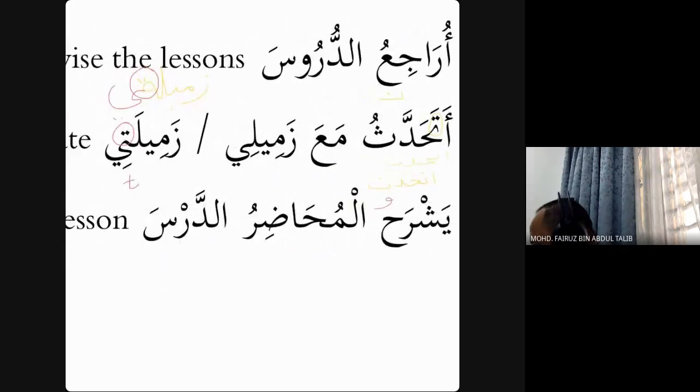Just now we said al-muhadiru, lecturer. So the sentence becomes yashrahul muhadiru. Or you can put the word muhadir in front. That is also correct. You say al-muhadir yashrahu. So the two sentences are correct.